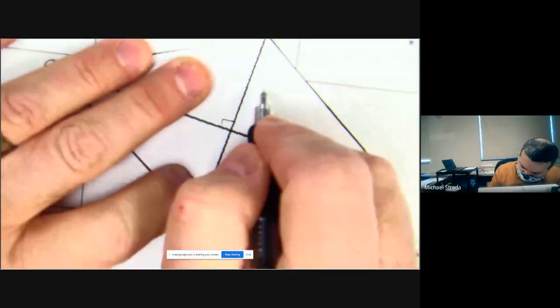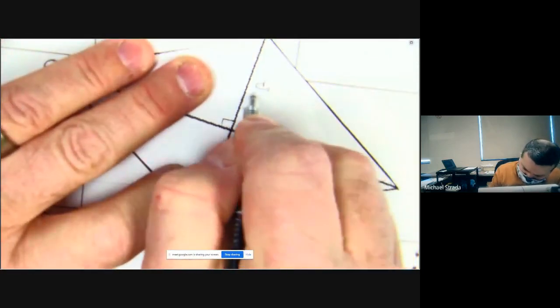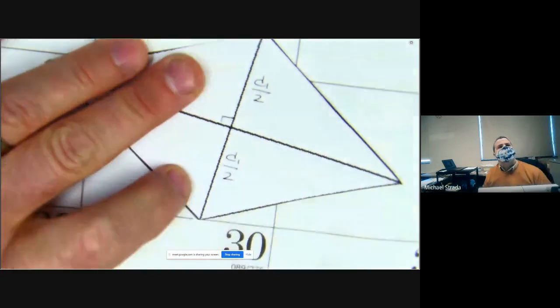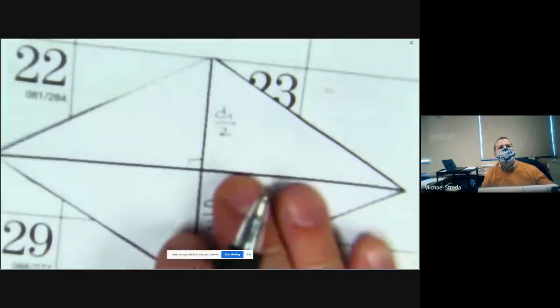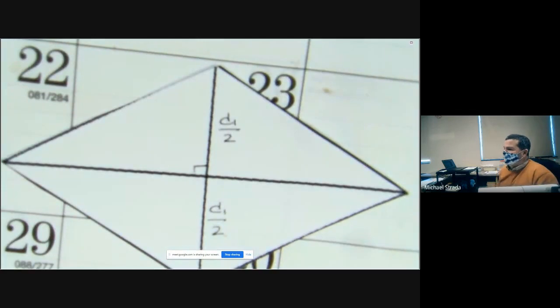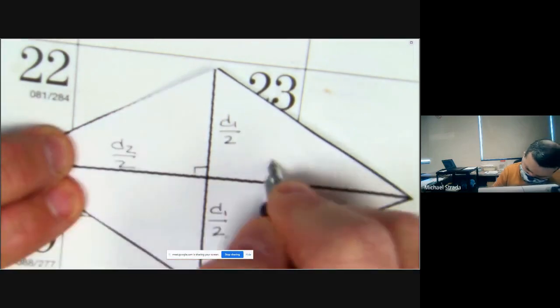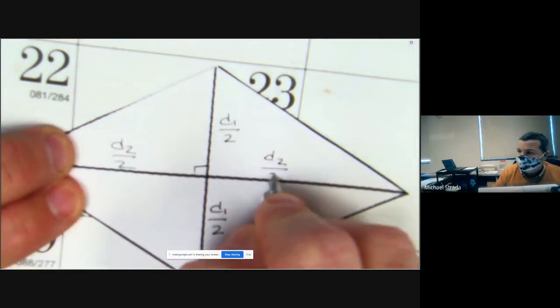So basically, I'm going to call this D1 divided by 2, and that's D1 divided by 2. Because a rhombus is a special type of parallelogram, the diagonals bisect each other, correct? So each one of those is half the diagonal. Now I'm going to come over here, D2 over 2, D2 over 2.